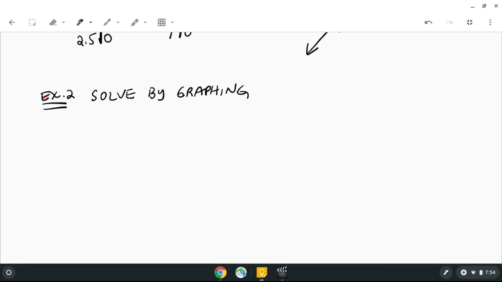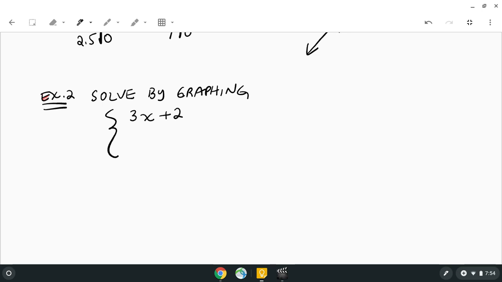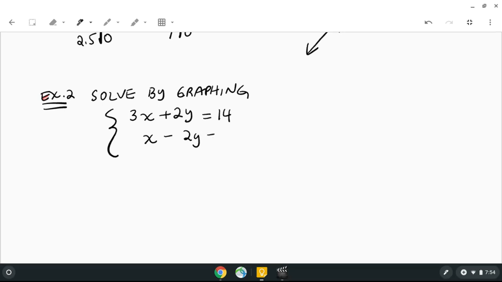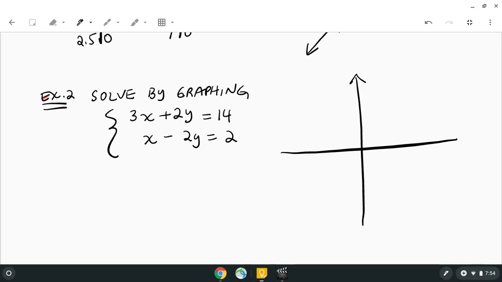Okay, and suppose that you have this 3x plus 2y equals 14. And x minus 2y equals 2. Okay. All right. So if you want to give this a try and then come back, go ahead and hit the pause button.